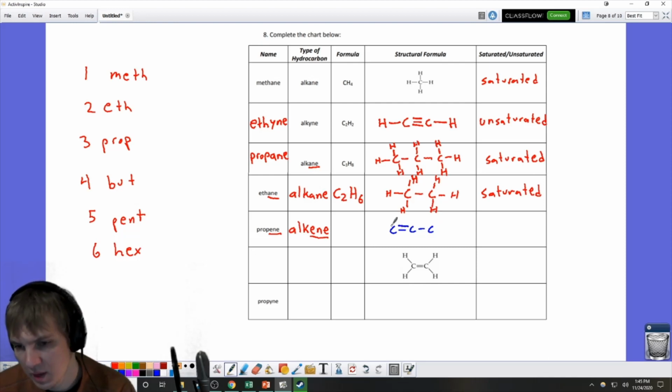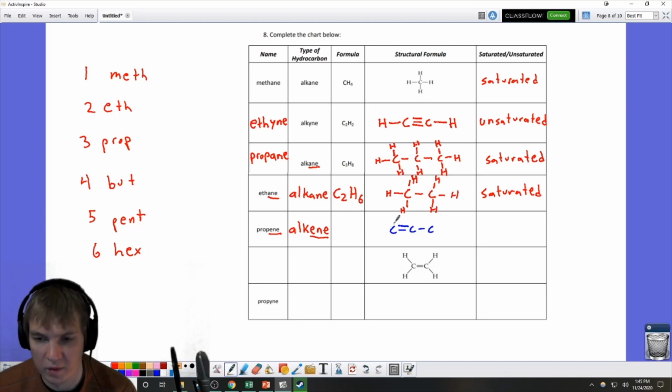All right, and then we are going to fill the rest of the bonds for carbon. Remember, carbon wants to have 4 bonds total. So we're going to fill the rest with hydrogens. So there's 1 right there, 1 right there. So this carbon has 1, 2, 3, 4. This carbon has 1, 2, 3 bonds, so it only needs 1 more hydrogen, 1 right there. And this carbon has 1 bond, so it needs 3 more hydrogens.